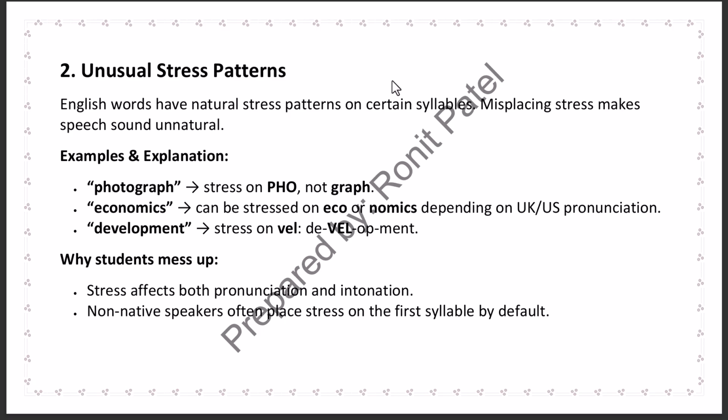That means some syllables are strong and loud, and others become weak and reduced. Take the word photograph. The correct stress is on pho, the initial part, but many students say photograph. They inadvertently emphasize the latter portion. Every sound is correct, but the music of the word is wrong.